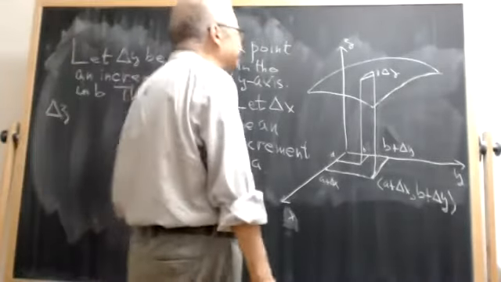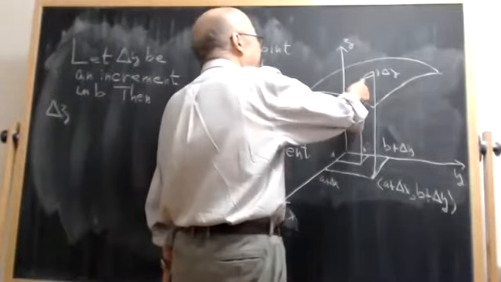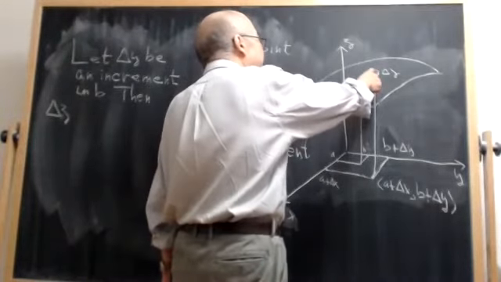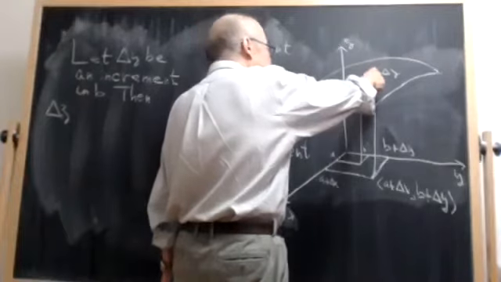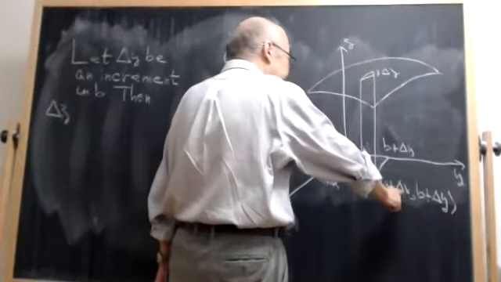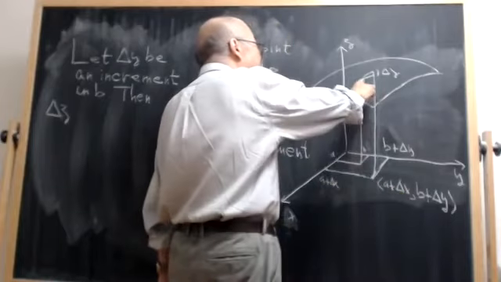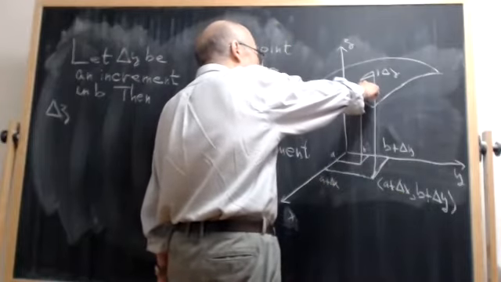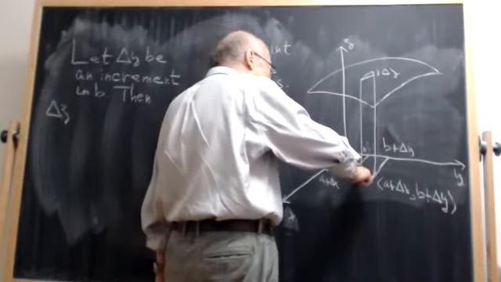And what is it? You see that is the value of the function f at this point minus the value of the function at this point.